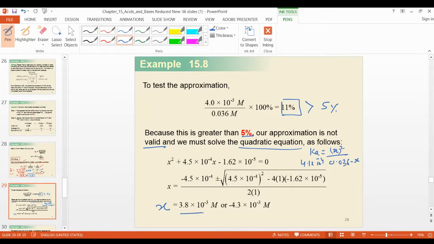There are two x values. From the calculator, you can directly use the quadratic formula. Then you calculate for x, and you only use the smaller concentration.